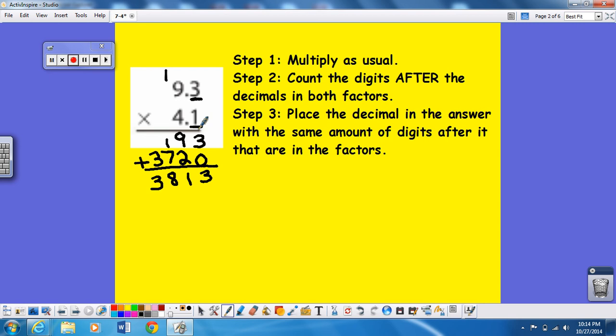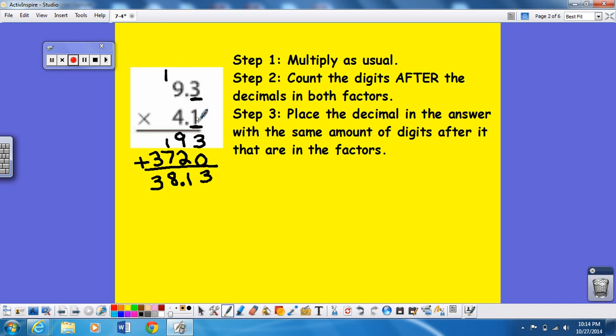And in this factor, there's also one number past the decimal, or to the right of the decimal. I count them both. So technically in this problem, there are 2 digits past the decimal point. What that means is in my product, I have to have 2 digits past the decimal point. So I'm going to go 1, 2, place my decimal.